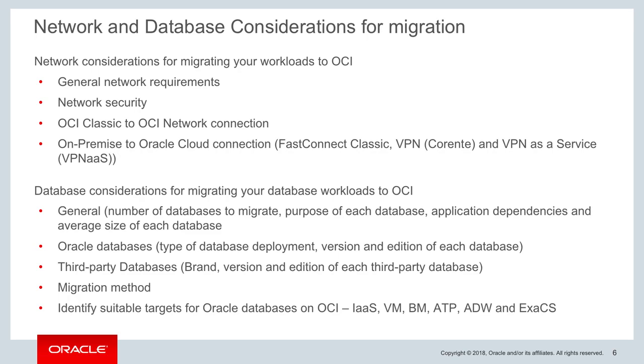And depending on the targets that you're choosing for Oracle databases, you may have to adopt a different migration method. From a choice perspective, you can deploy Oracle databases on infrastructure as a service only, or you can deploy it on PaaS service, namely DB systems, autonomous transaction processing, autonomous data warehouse, and Exadata Cloud Service.